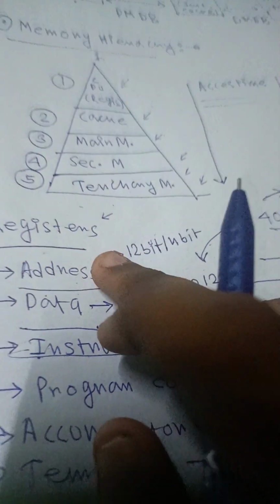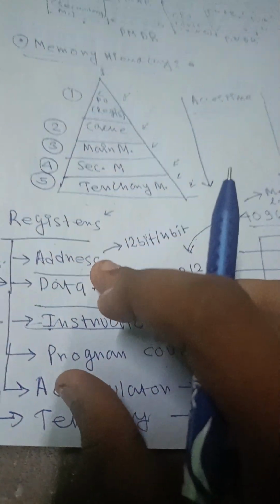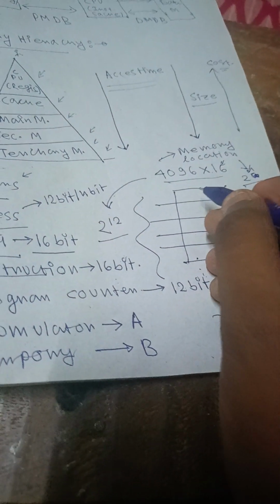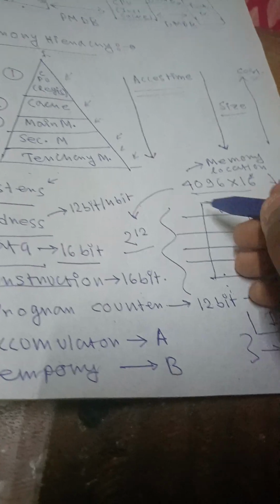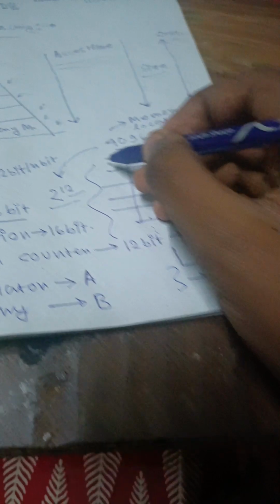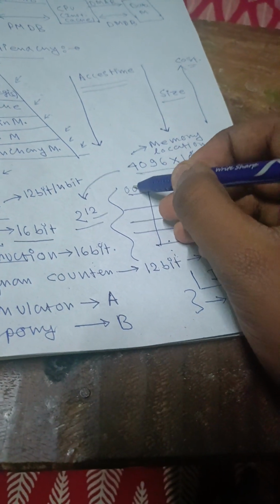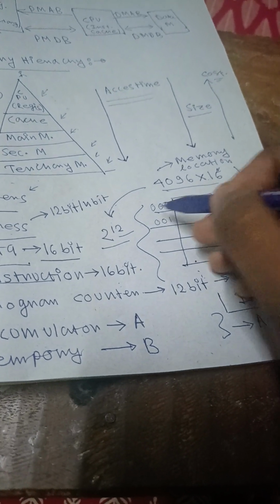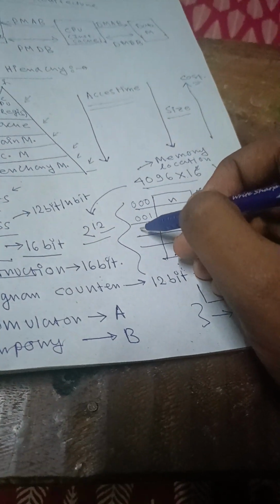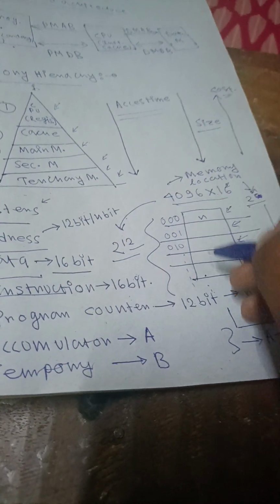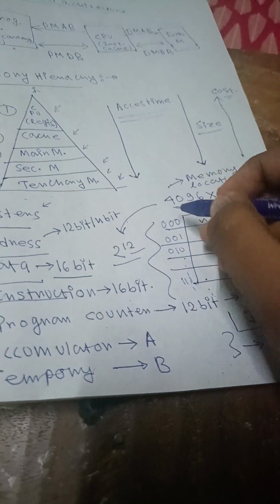From this part we're going to study the different types of registers, starting with the address register. This register stores the address of memory. If we write n and represent it not as 2 to the power 12 but 2 to the power 3, for 3 bits we're gonna write like this: 000, 001, 010, and so on up to 111 for a 3-bit register, not a 12-bit register.